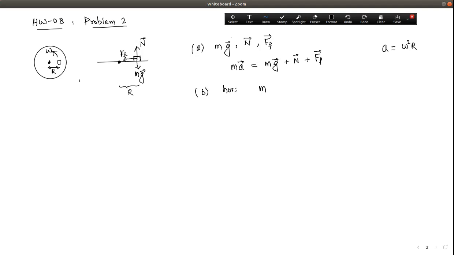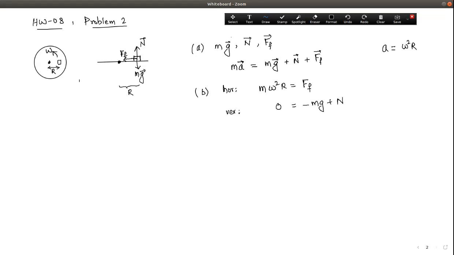So that's m omega square r, and that's provided by the force of friction. In the vertical direction, we have no acceleration, and we have minus mg plus the normal force.